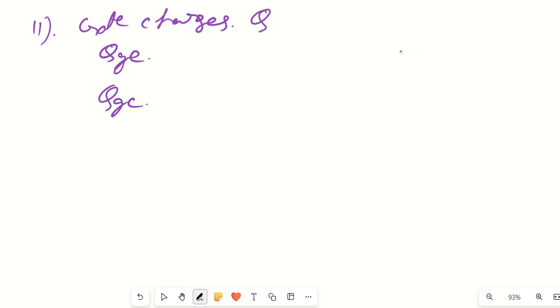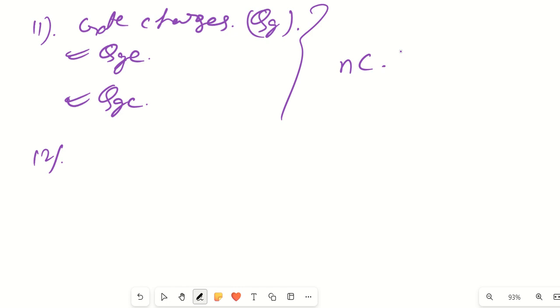Basically, gate charge will be represented as QG, gate to emitter will be another one, and one more will be gate to collector charges. These will be in terms of nanocoulombs, around, let us say, 40 nanocoulomb or something less than that, around 22 nanocoulomb or something like that, for a general IGBT that I am talking about.